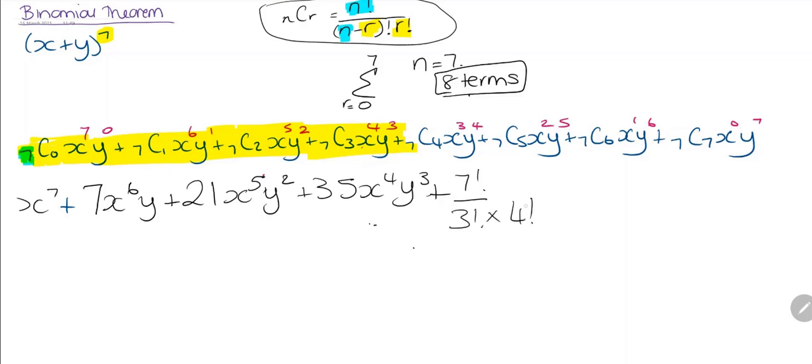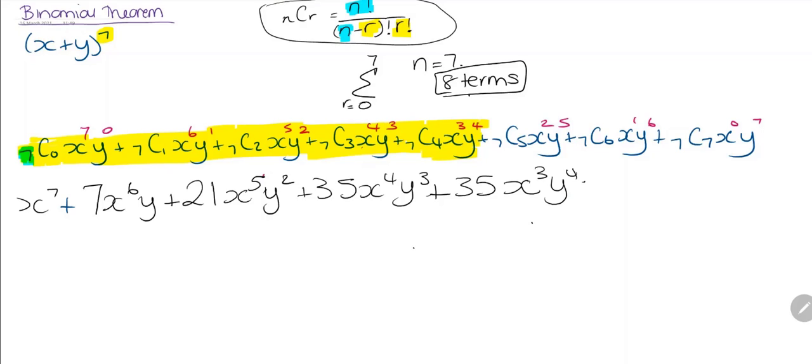If I put this into my calculator, we're going to get the same answer as before, 35. And it's x to the 3, y to the 4. So you may notice a pattern here.